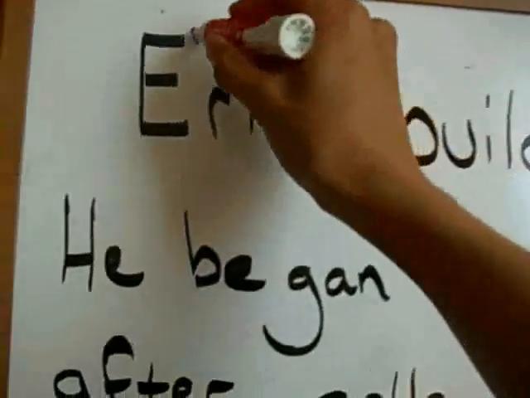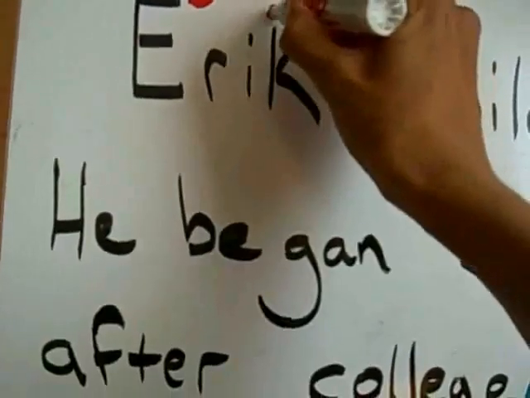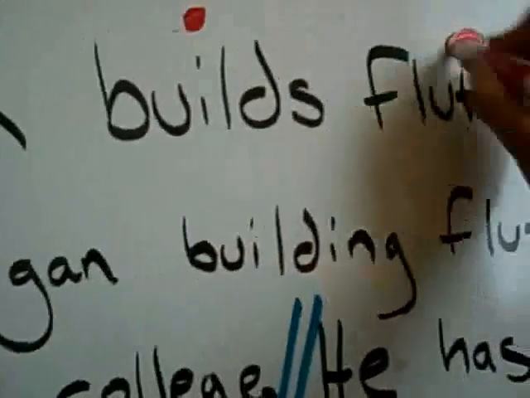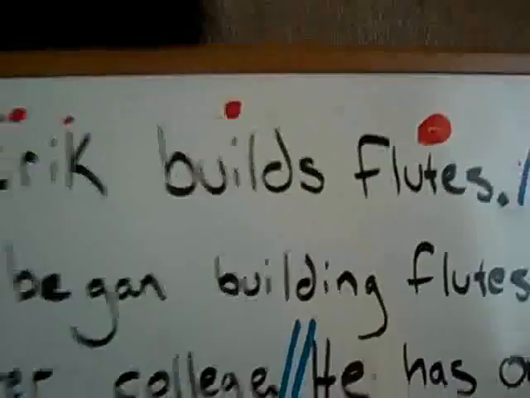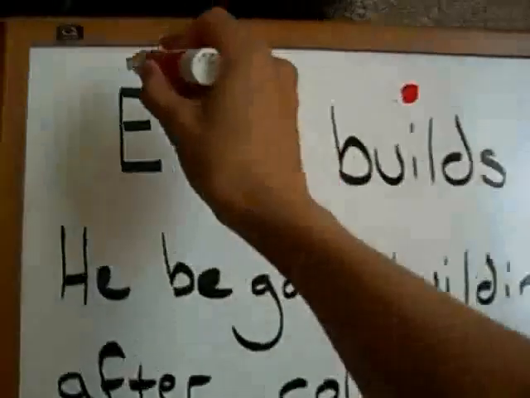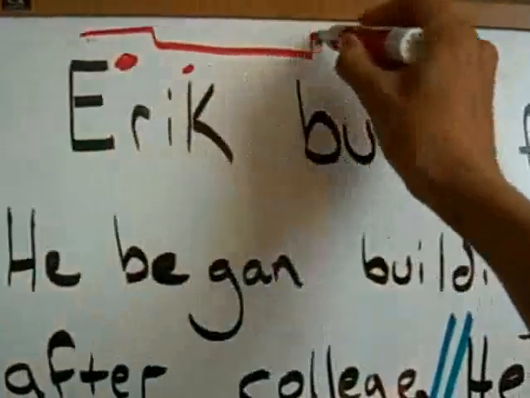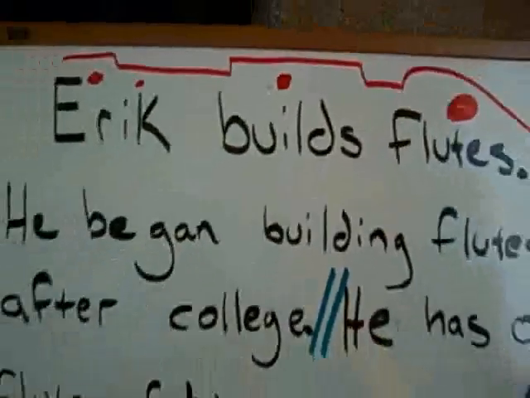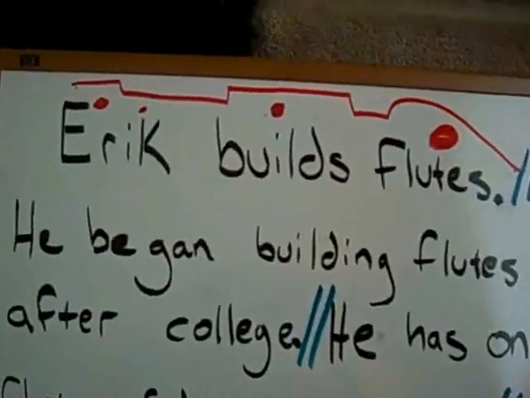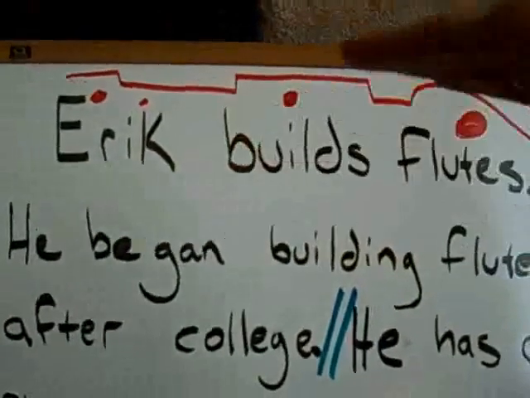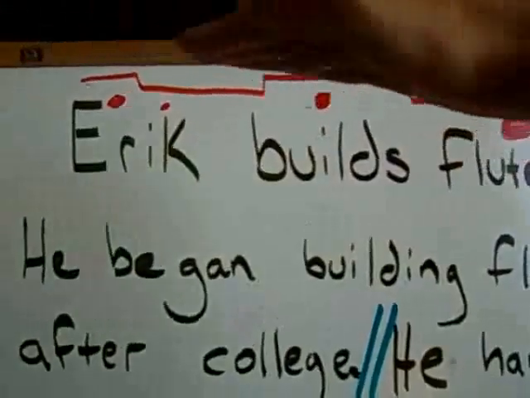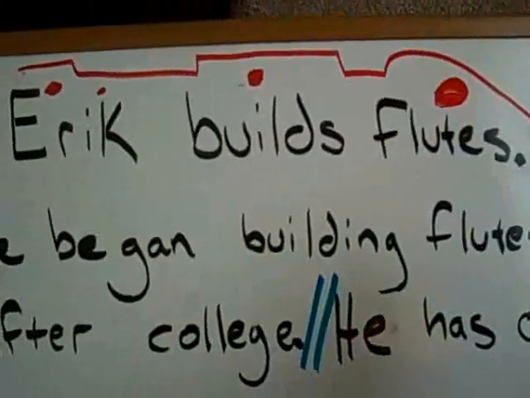Eric. Stress is on the first syllable, builds is one syllable, and flutes receives our main stress. Eric builds flutes. Okay. So there is still a change of pitch because there is word stress, but the overall pattern is falling intonation.